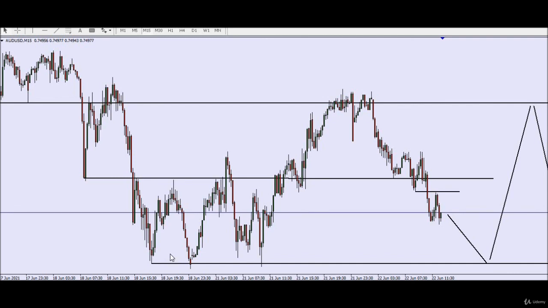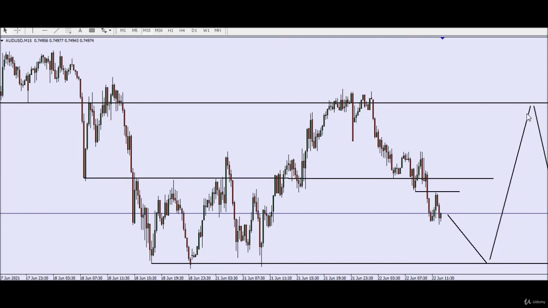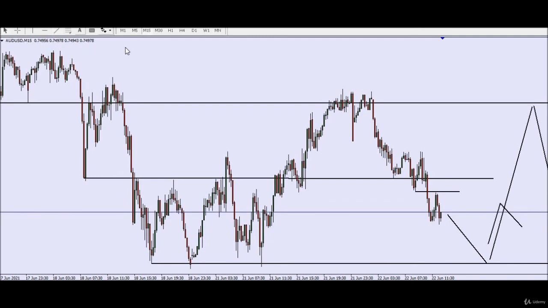And then it can react on this level and go back. We will see where, here or here or even here. But don't forget that the price moves in waves, so it won't be straight.